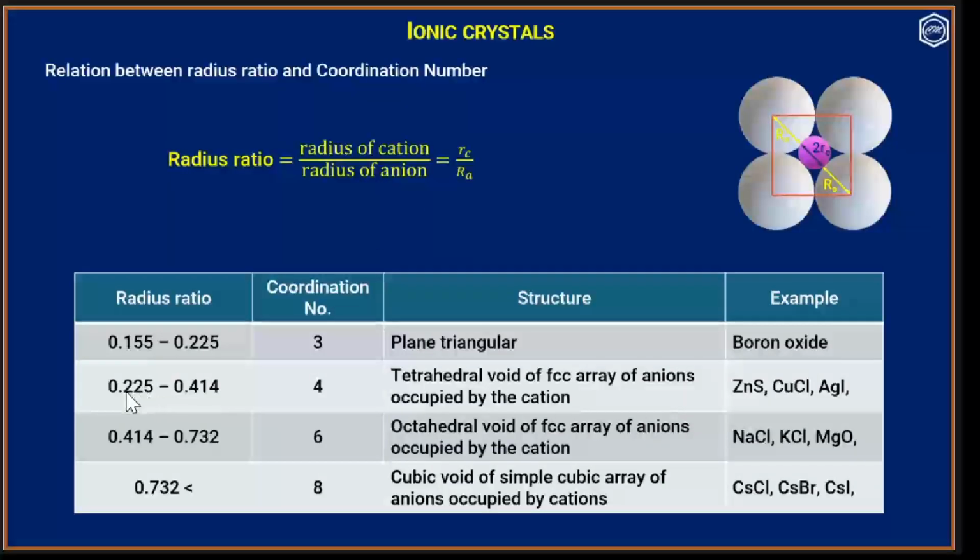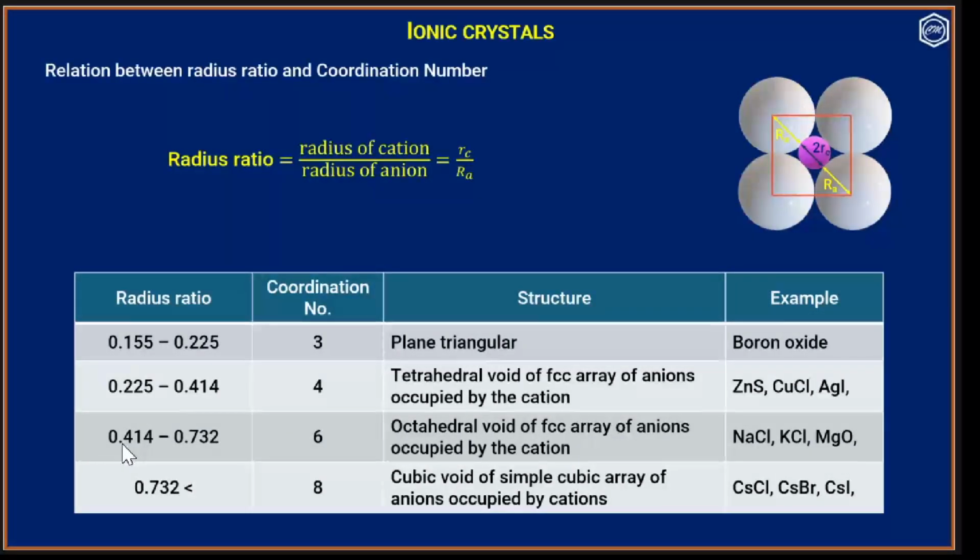Then if it is between 0.225 and 0.414, the coordination number will be 4. And the probable structure is tetrahedral void of FCC array of anions occupied by cations. Examples are zinc sulfide, copper chloride, silver iodide, etc.